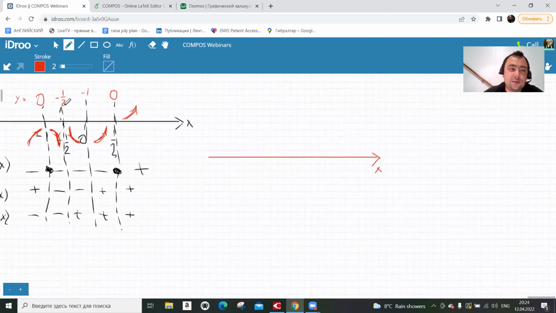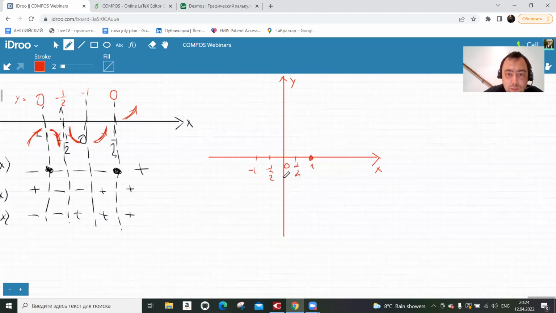This is extra. You don't always have to do this. So then we just draw a sketch. Let this be 0, this be 1, this be -1. This is -1/2. This is 1/2. When x is 0, y is -1, so it goes through this point.